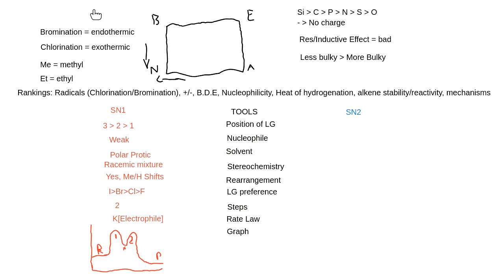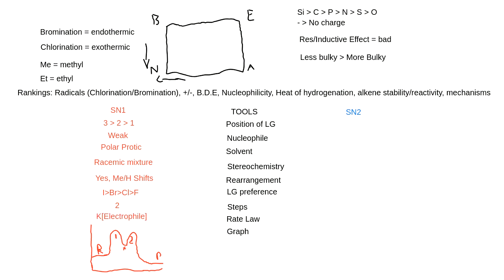Any questions on SN1 before we get into SN2? That should be fairly standard because that should have been the first thing you learned. So I'll get into SN2 now.